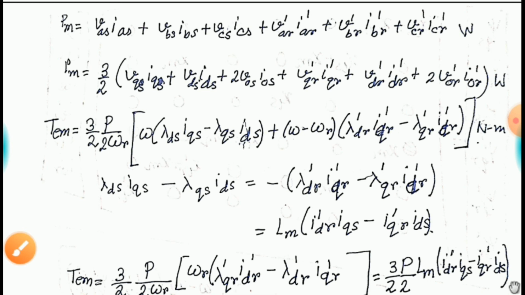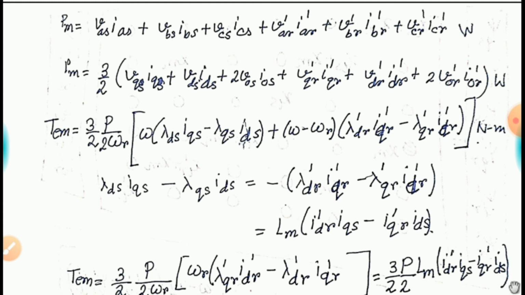So the basic thing I'm trying to say is that flux and current winding in quadrature are responsible for this torque production and power transmission.